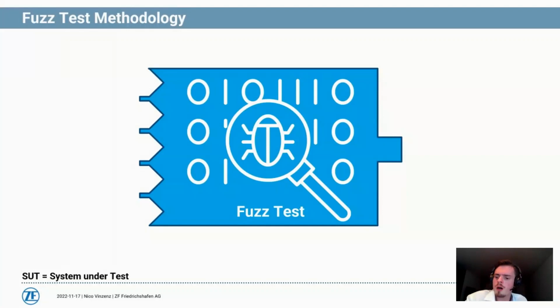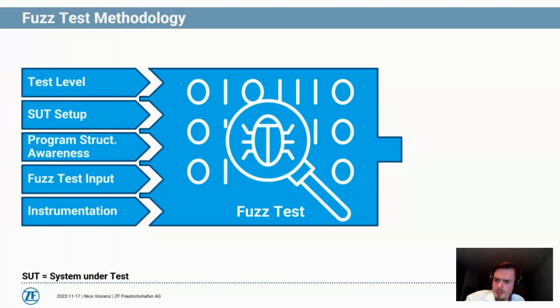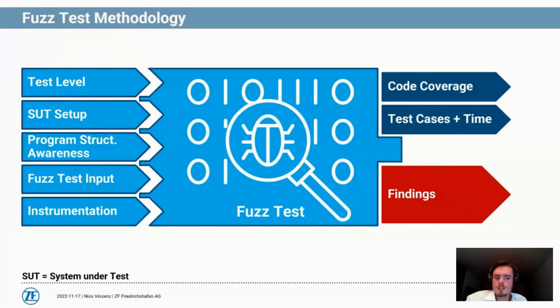And there are multiple characteristics which decide which kind of rigor our fuzz test has, which is basically the test level, the system under test setup, our program structure awareness, the fuzz test input, and the kind of instrumentation we use. And then we have as output metrics about code coverage, test cases, time, and of course the findings we get from it.